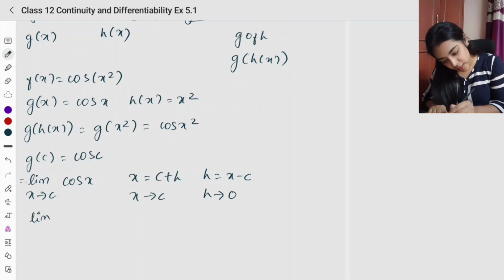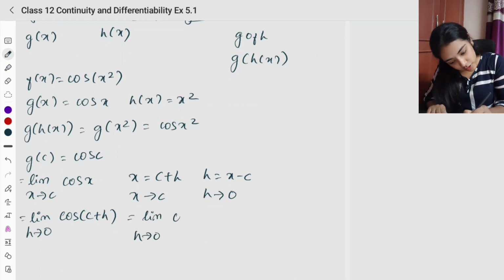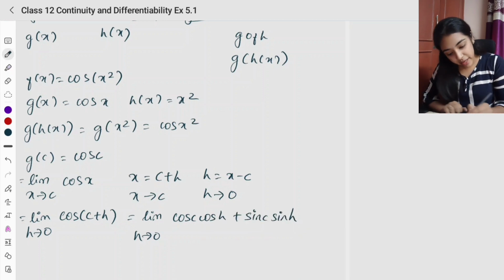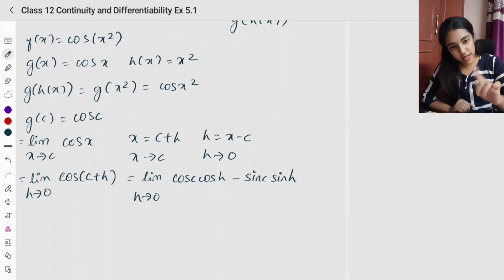If I change the limit, I'm going to have limit h tending to 0 of cos of c plus h. What is cos of a plus b? It is cos a cos b minus sin a sin b. For cos it is going to be minus. Plus becomes minus, minus becomes plus.